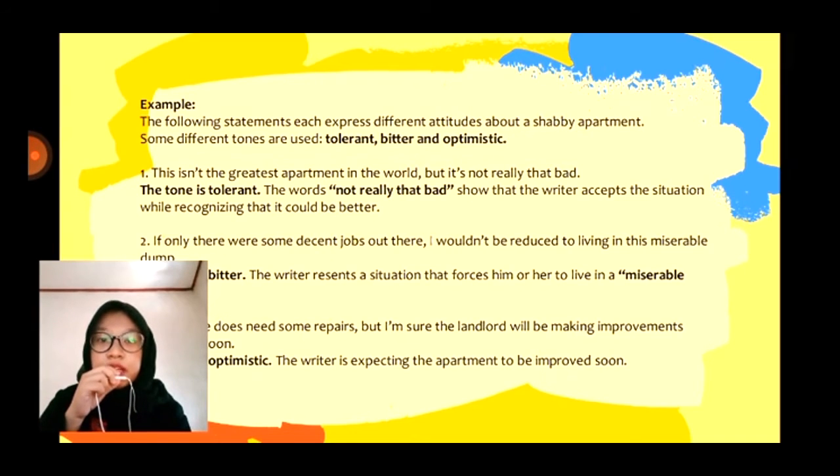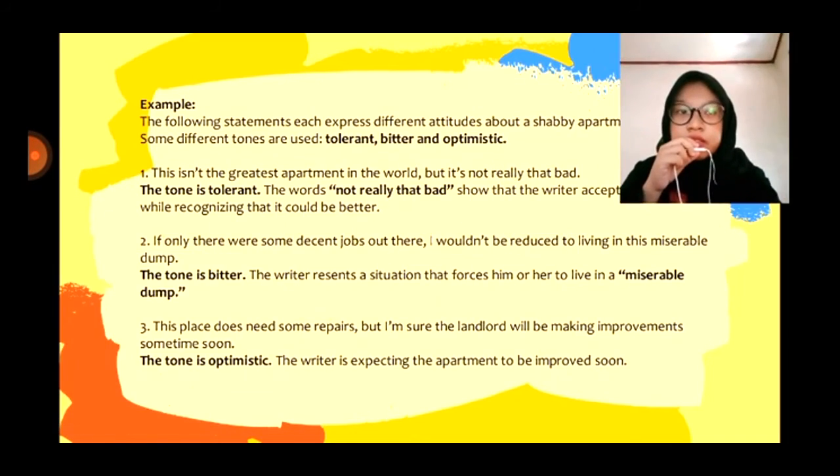situasinya bisa lebih baik. Dan contoh kalimat yang kedua yaitu if only there were some decent jobs out there, I wouldn't be reduced to living in this miserable dump. Dan untuk nada atau tone-nya sendiri di sini bitter atau pahit, karena penulis membenci situasi yang memaksanya untuk hidup di miserable dump atau tempat yang menyedihkan.